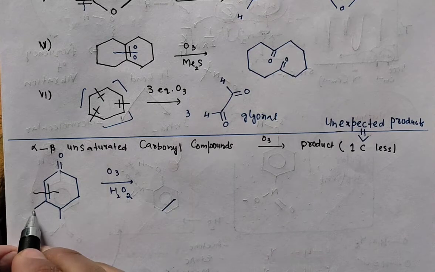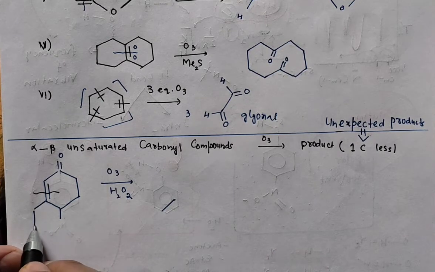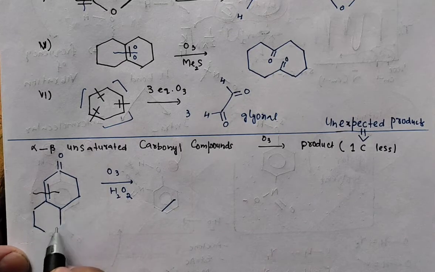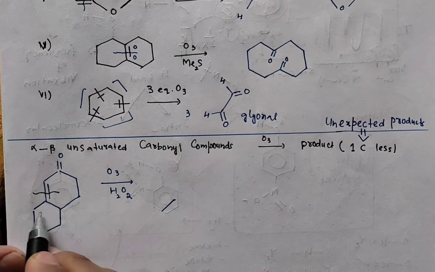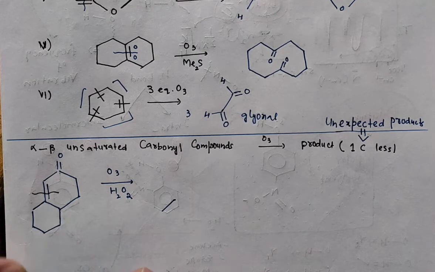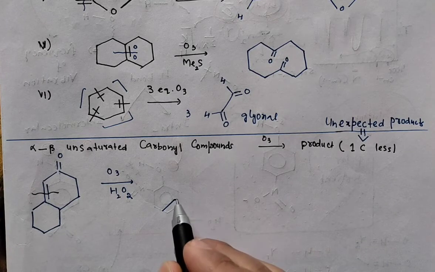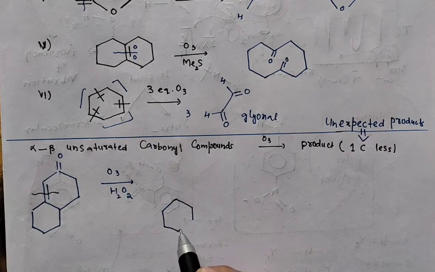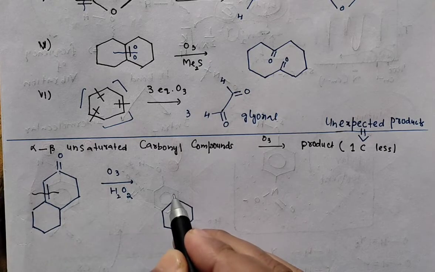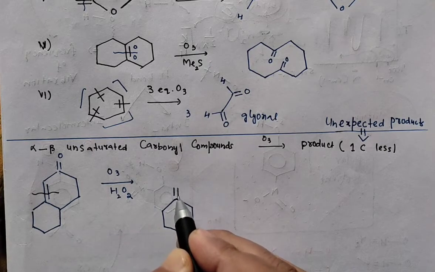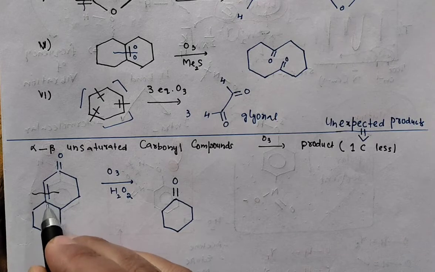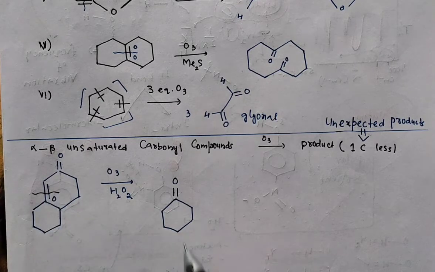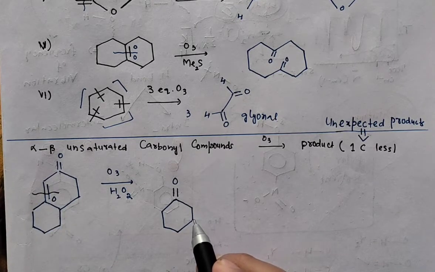Let me make it here a little bit. This was asked completely in the exam. Okay, yeah. So you break this, so you expect that your product will be like this. That's your ring. Then you have carbonyl here because you have broken this. Get oxygen here.